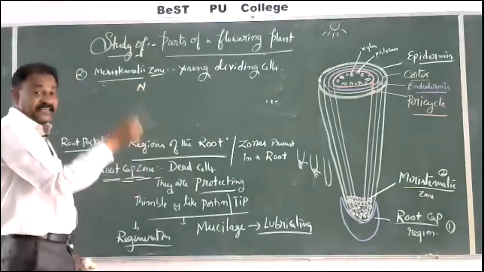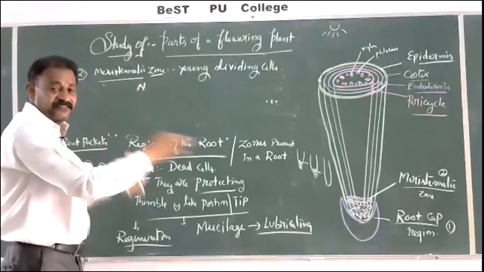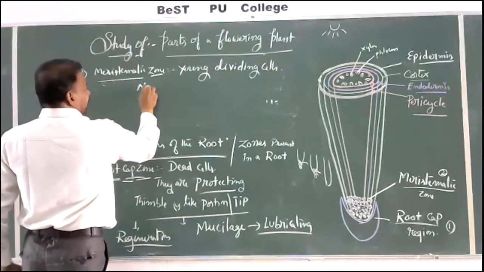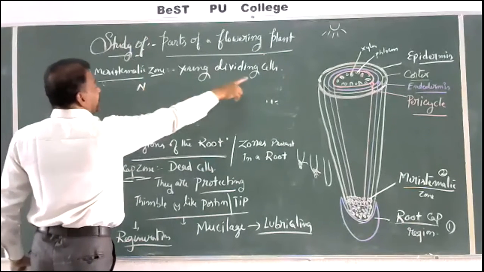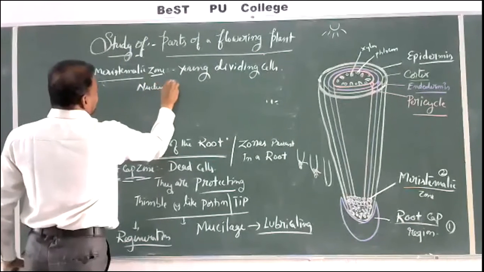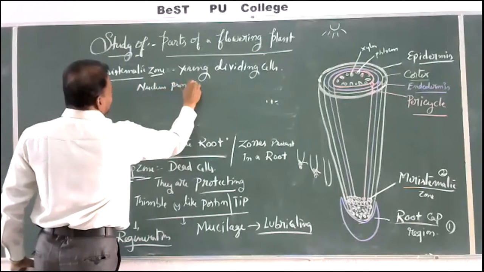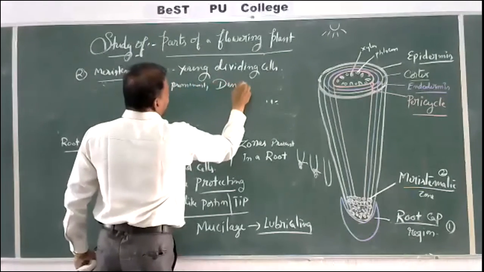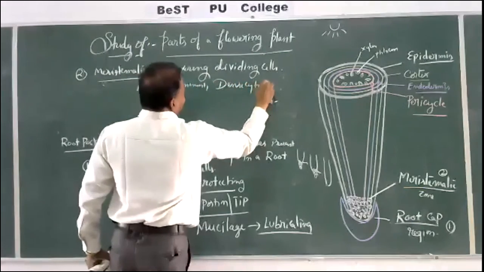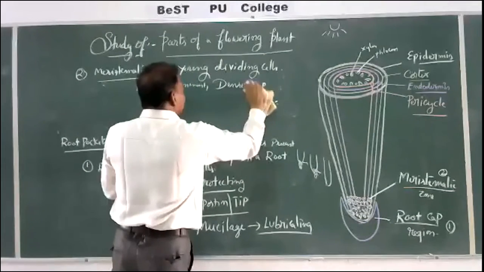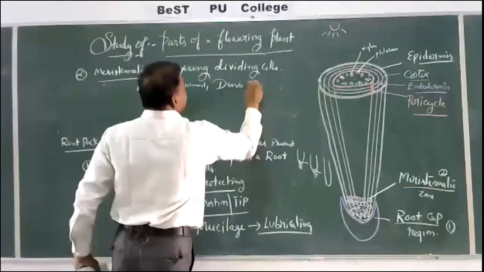We will study these again in anatomy, the various characters of all these structures, and the root system in detail. Always young dividing cells, nucleus prominent, dense cytoplasm, meaning the density of protoplasm.